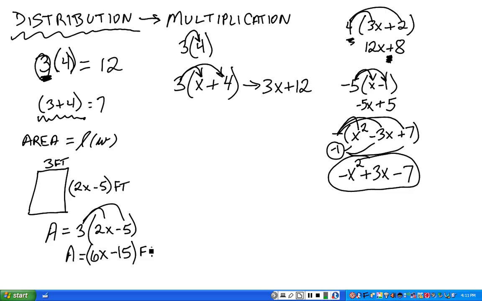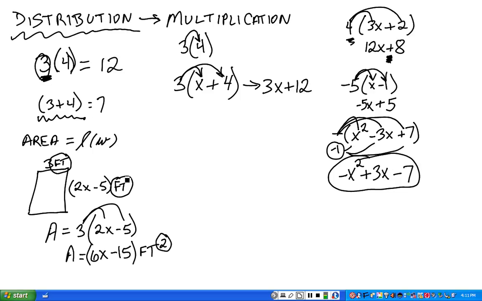It will now be feet squared, because you have that dimension, which is the width in feet, times that dimension, which is the length in feet. Feet times feet, there are 2 sets of feet, so feet squared. This 2 represents the fact that you have 2 dimensions represented by the unit of feet.